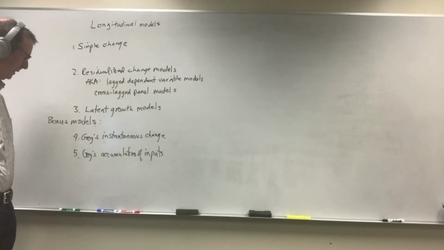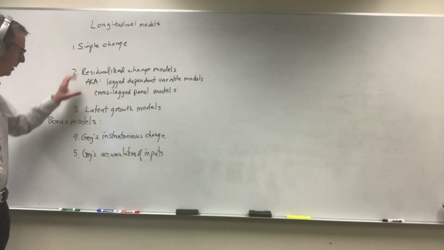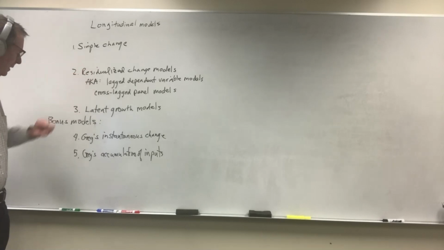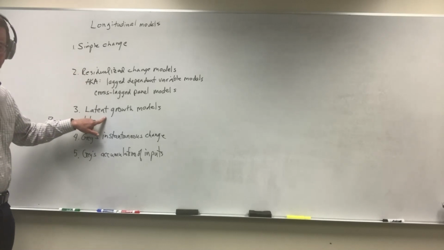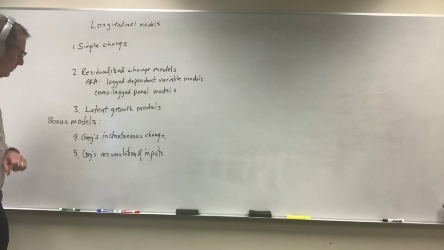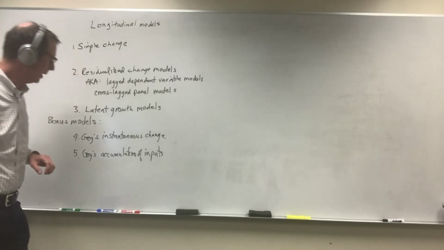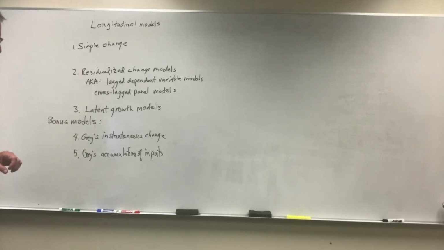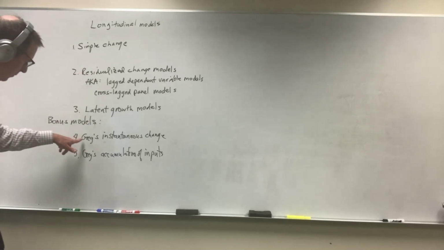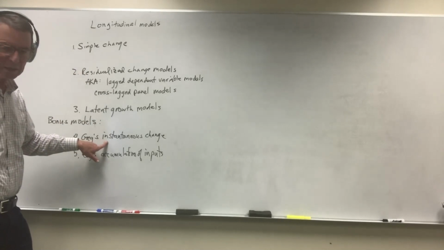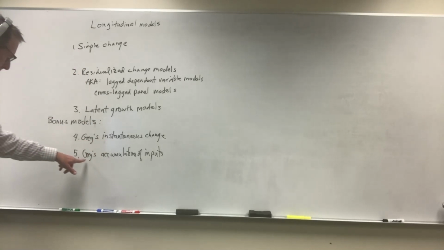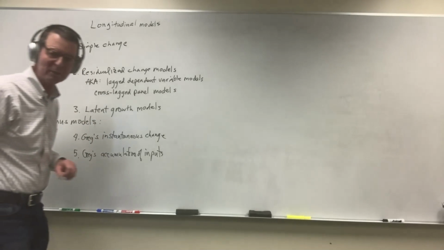There are some variations, but by and large, these are very similar. Latent growth model, we talked very briefly about toward the beginning of the class. And I want to add two more. One I call Greg's instantaneous change model. And the second one is Greg's accumulation of inputs model.